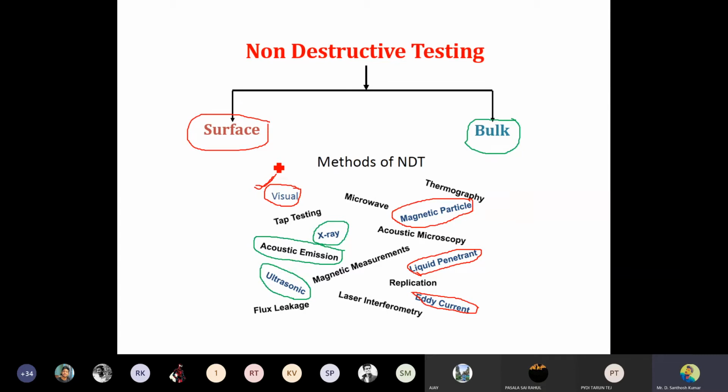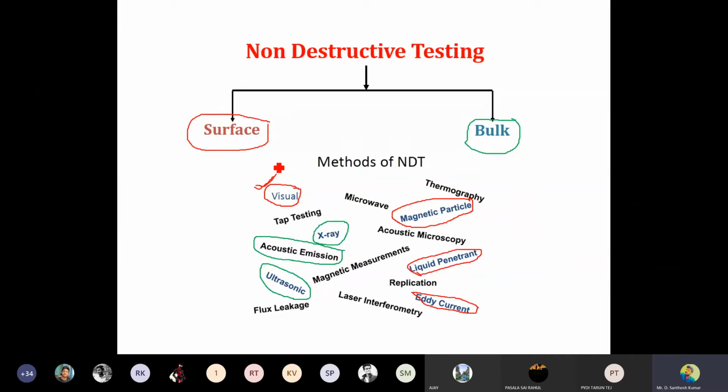Then you can clearly identify any scratches. If there are any scratches, then once again we go for polishing. Otherwise we move to the further process. So I think everyone has experienced this kind of non-destructive testing, that is visual inspection testing.